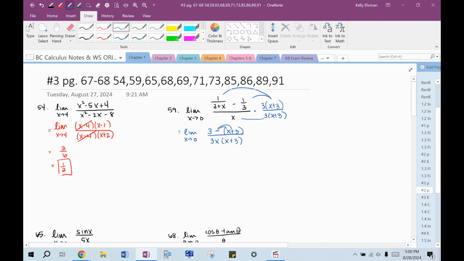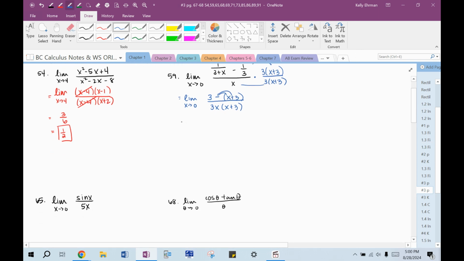And then we distribute the negative. So that's going to be the limit as x approaches 0 of 3 minus x minus 3. So the 3's are going to cancel. You've just got negative x left up there. And then we have 3x times x plus 3 in the denominator.